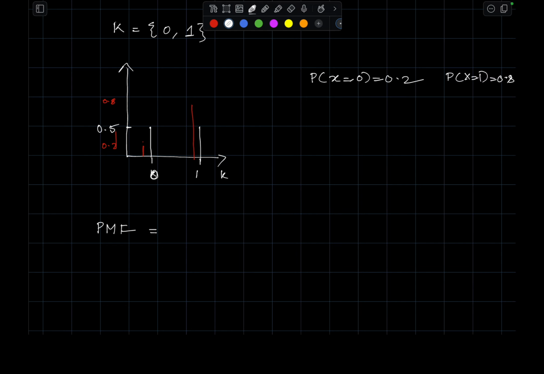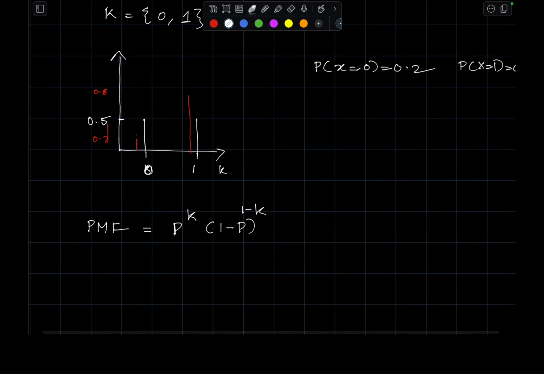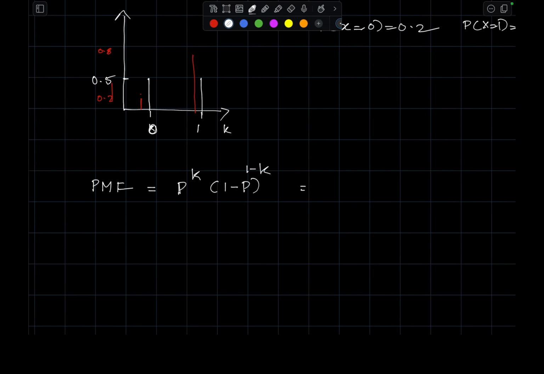There is a universally used formula, which is p raised to k into 1 minus p raised to 1 minus k, or we can also write p raised to k into q raised to 1 minus k.